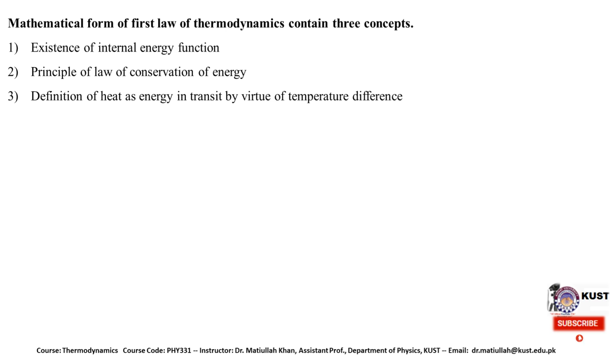That was an old idea about heat. But now, from the first law of thermodynamics, we consider that heat is a form of energy, and it can only transit by virtue of temperature difference. When two bodies have different temperatures and are brought in thermal contact, heat will flow from the body having higher temperature toward the body having lower temperature, and this heat flow will continue until both bodies achieve the same temperature.